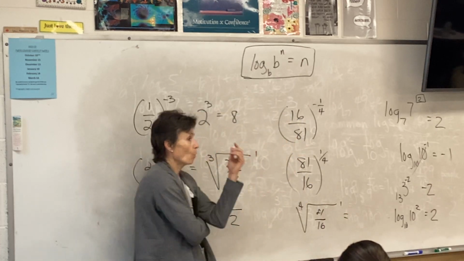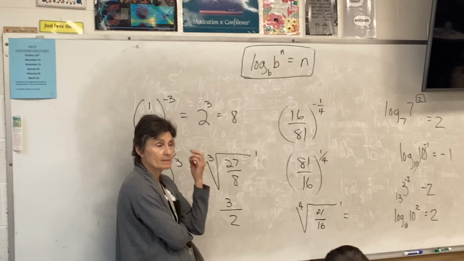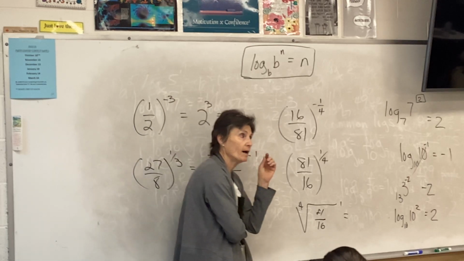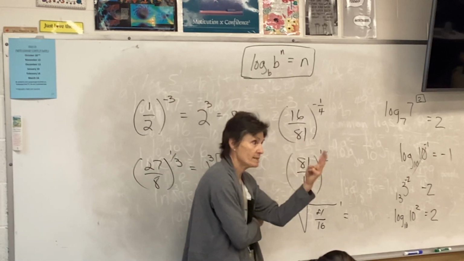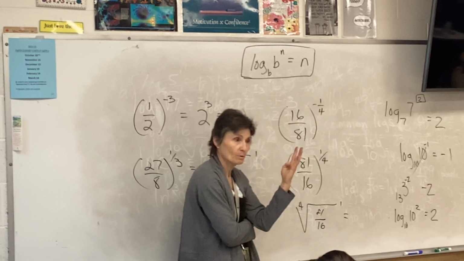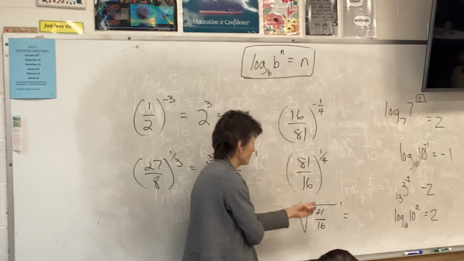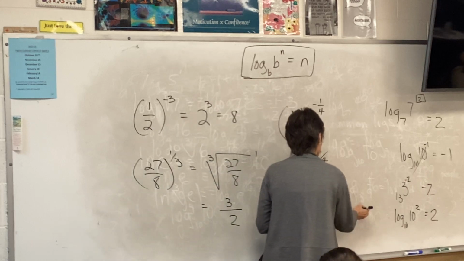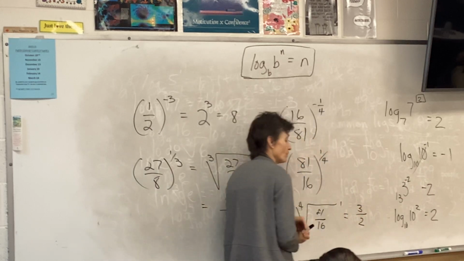The 4th root of 81 is 3, because 3 times 3 times 3 times 3 is 81. We've used that number a ton. And then the 4th root of 16 is 2. So it's 3/2.